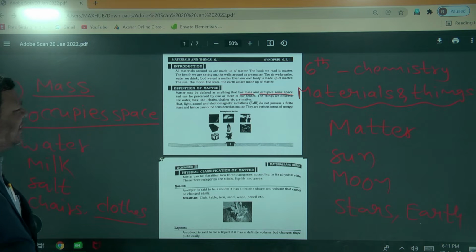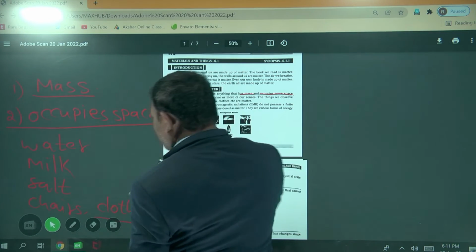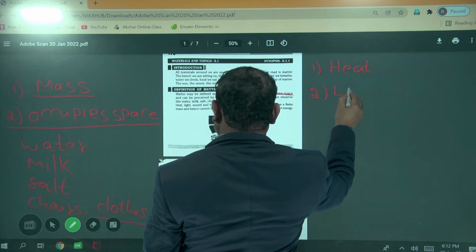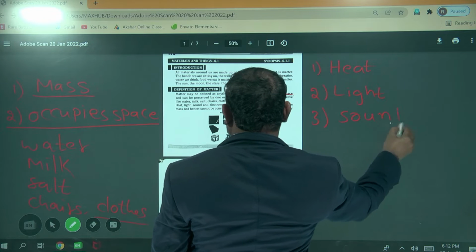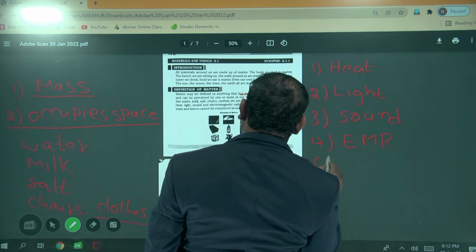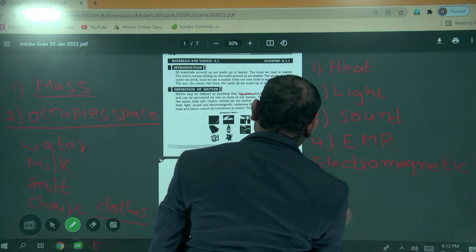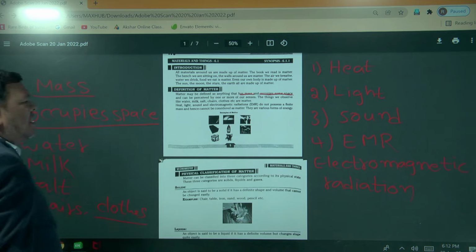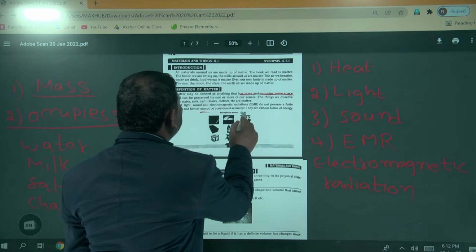But heat, light, sound, electromagnetic radiation do not have definite mass, so they are not considered matter.